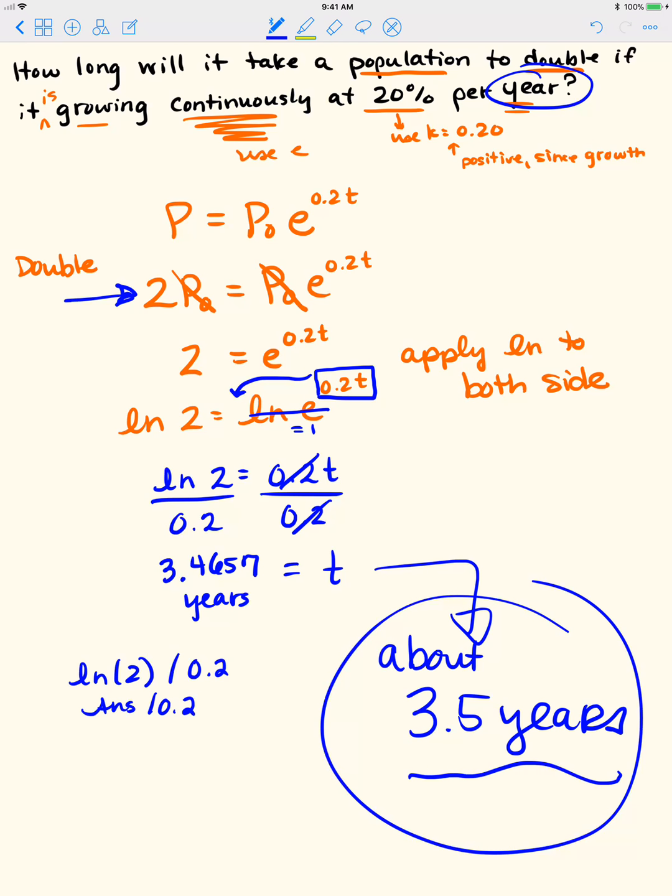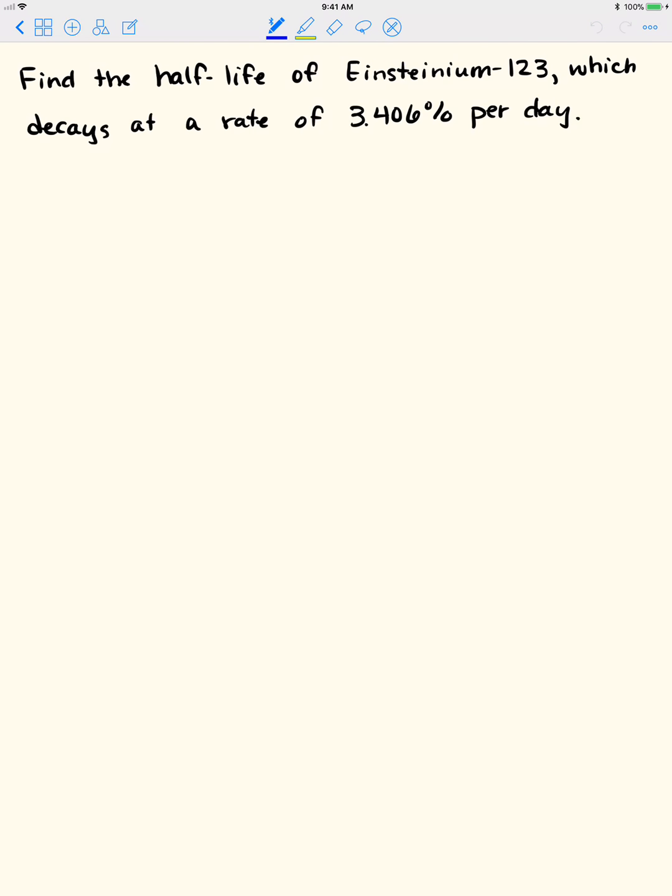All right, so next I have a couple of half-life ones. So here is one that asks you to find the half-life of Einsteinium-123, which is clearly a substance, and it decays at a rate of 3.406% per day. So we want to find how many days, because our time is in days, regardless of the amount of Einsteinium-123 you start with, how long will it take for half of that substance to be gone?